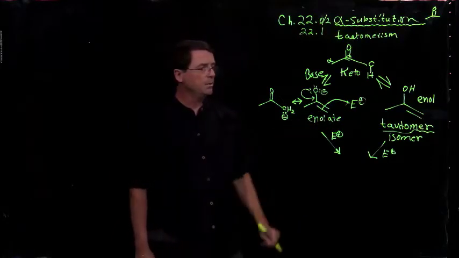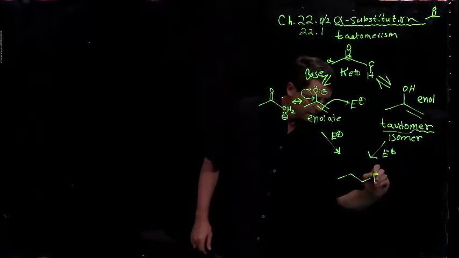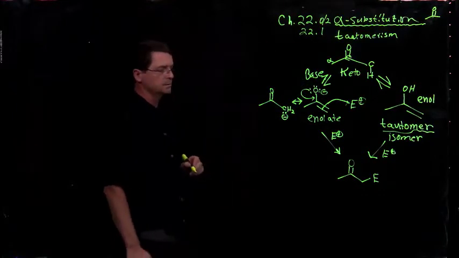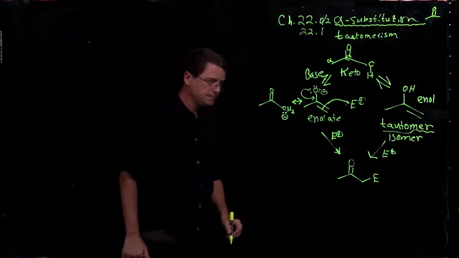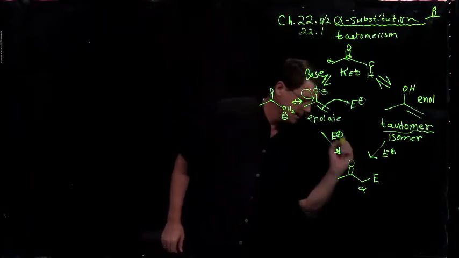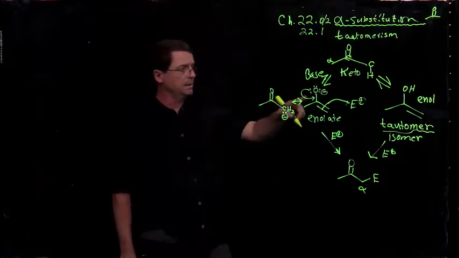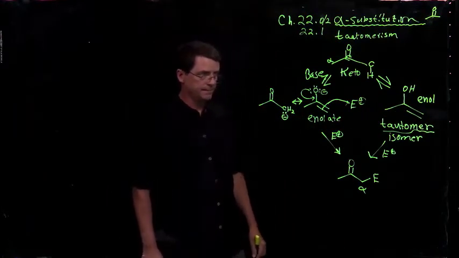So these both react with electrophiles to make a new bond at the carbonyl alpha carbon. It is both acidic, and in the enolate and in the enol form, it is nucleophilic.